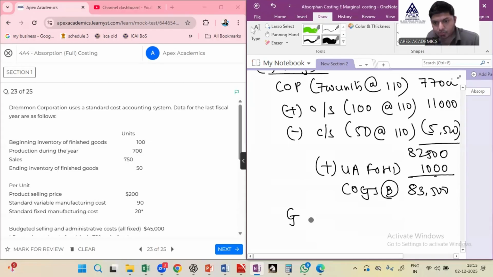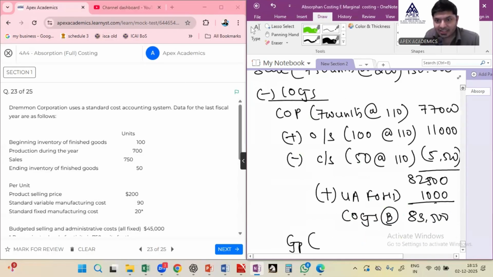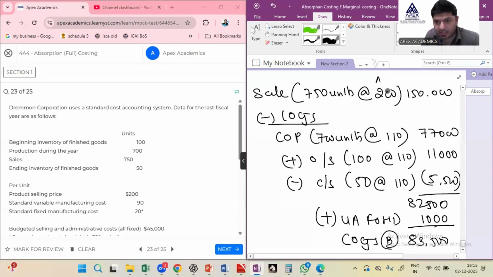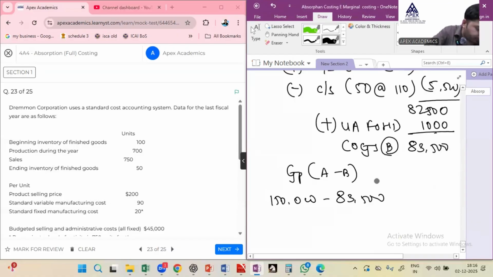So what is my gross profit? My gross profit is going to be my sale, which is nothing but my point A over here, which is 150. So it is going to be A minus B. So it is nothing but 1,50,000 minus 83,500. My answer comes to gross profit is equal to 66,500.